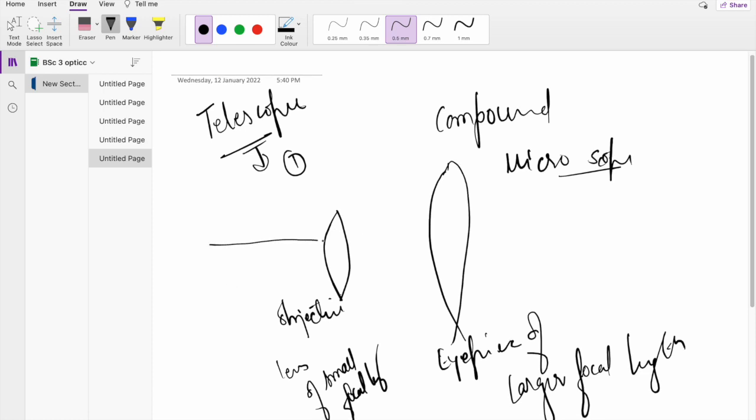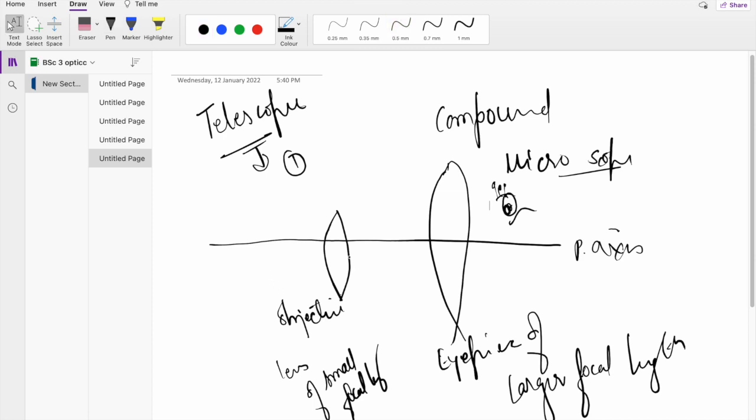If this is our principal axis, the eye is located here. So the final image will form at the eyepiece.